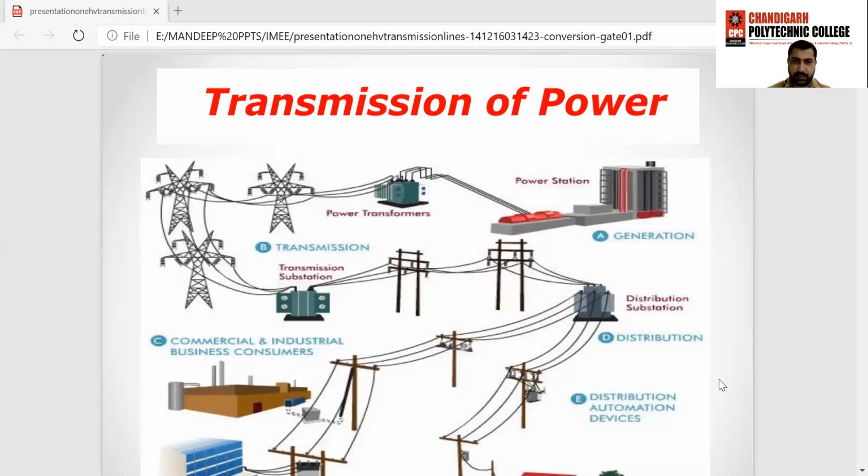It is then transmitted to the load centers with the help of conductors known as transmission lines. Finally, it is distributed to a number of small as well as bulk consumers.